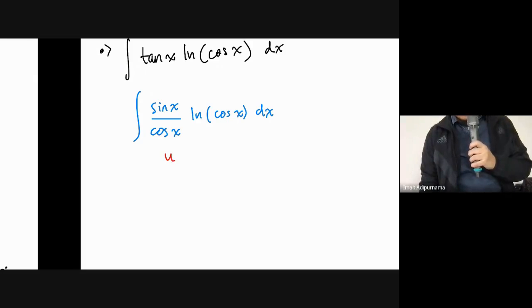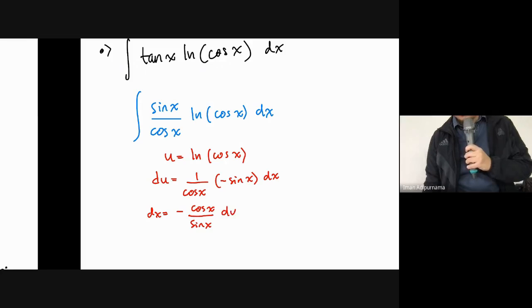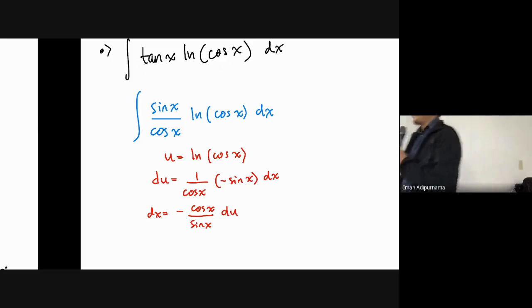So if u is ln cosine x, then du becomes 1 over cos x times minus sine x dx. So dx will be negative cos x over sine x du.